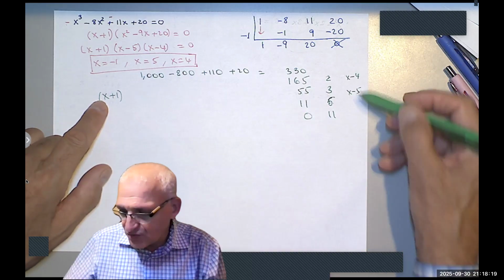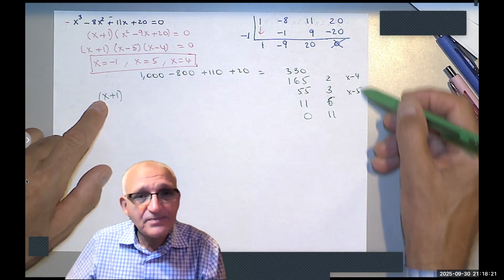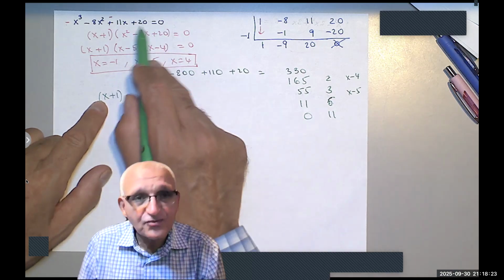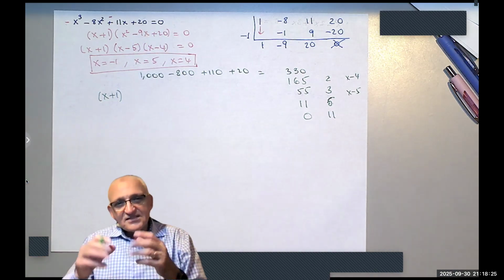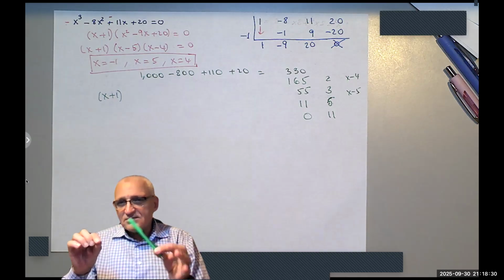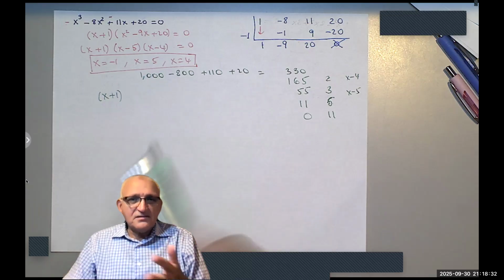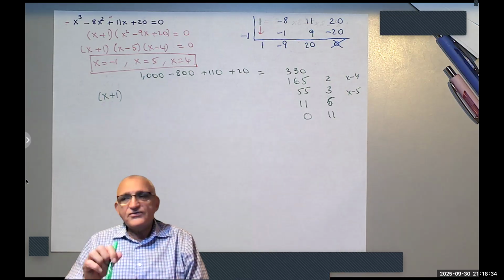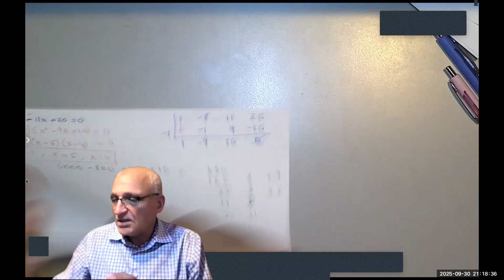But it's easier to see it's x minus 4 times x minus 5 because of the positive 20. So very simple trial and error would give you that. That's the second one. Let's go to the third one.